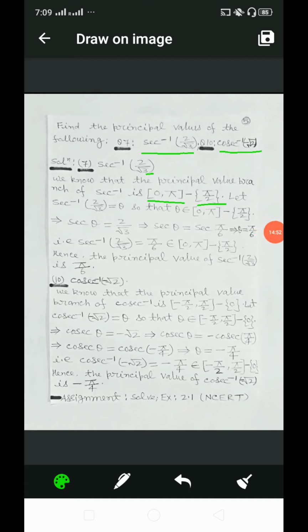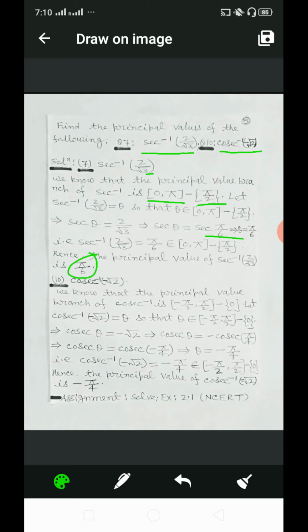This implies that sec theta is equal to 2 by root 3, which implies that sec theta is equal to sec pi by 6, because the value of sec pi by 6 is equal to 2 by root 3. This implies that theta is equal to pi by 6, and we have sec inverse 2 by root 3 is equal to pi by 6, which belongs to the principal value branch, the closed interval 0 to pi minus pi by 2. Hence the principal value of sec inverse 2 by root 3 is pi by 6.